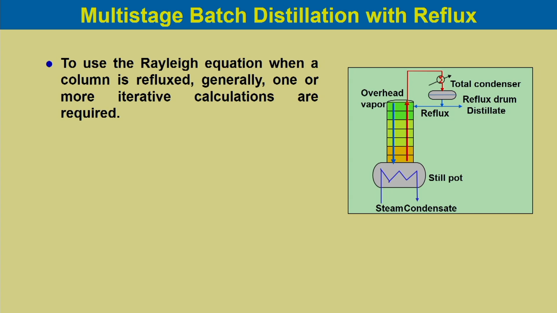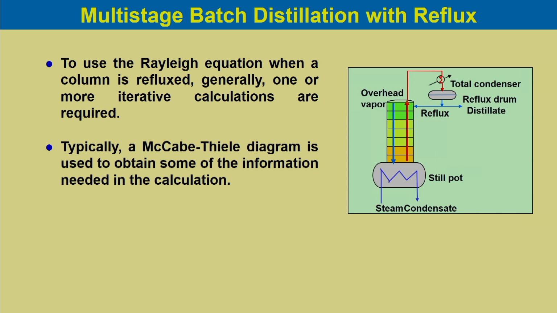So, to calculate the minimum number of trays required for a particular separation, if we want to use the Rayleigh equation, then a few iterations would be required for multi-stage batch distillation with reflux.